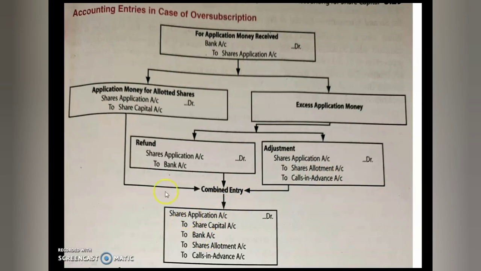For all these cases, a combined entry can be passed, that is share application account debited to share capital account, to bank account for the refunded amount, to share allotment account for the excess money you can adjust to the next installment, that is share allotment account, to calls in advance account. So these are the entries for oversubscription of shares.